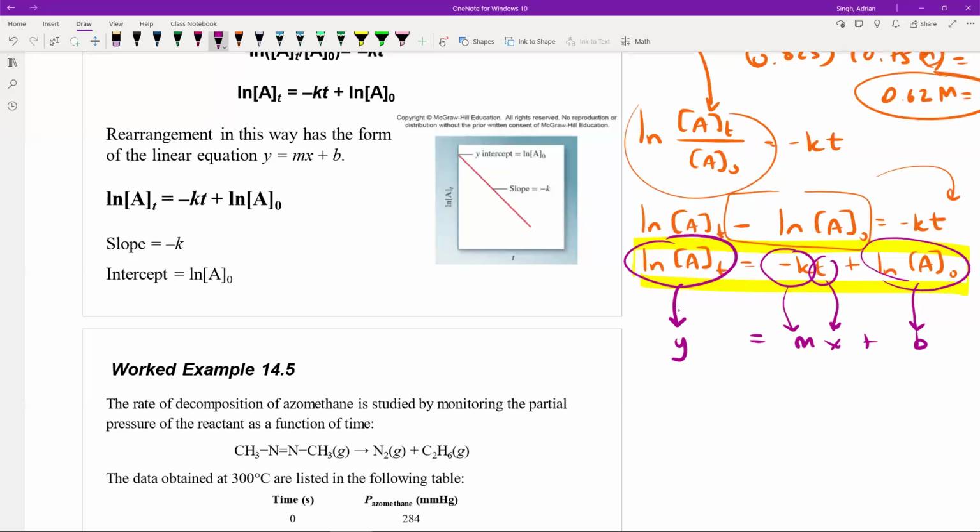And this is something that we're going to be doing throughout the rest of this section, to rearrange our equations so that they become easier to interpret, specifically in terms of how we can graph them.